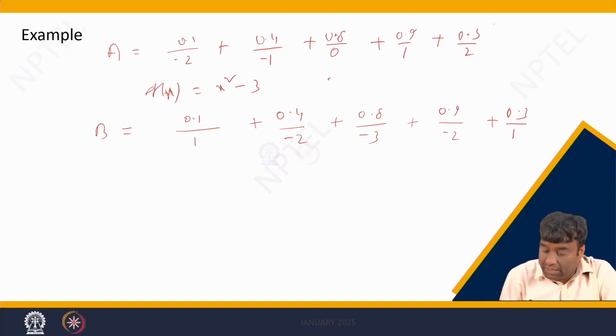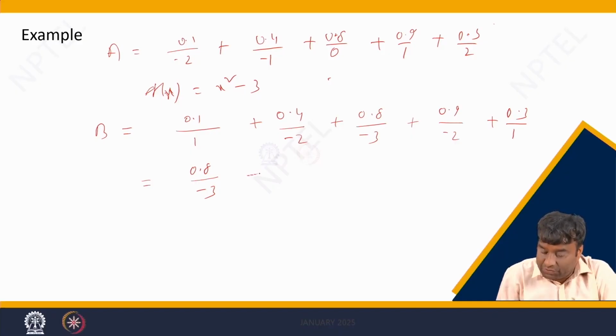So here some values repeat, many to one, so we will take the maximum value. First, minus 3, there is only one value, so it is 0.8 by minus 3.